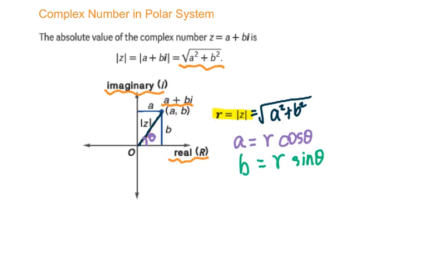So in the polar system, we can express any complex number z as r cosine theta plus i times r sine theta.